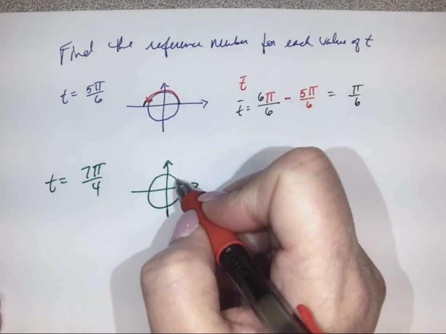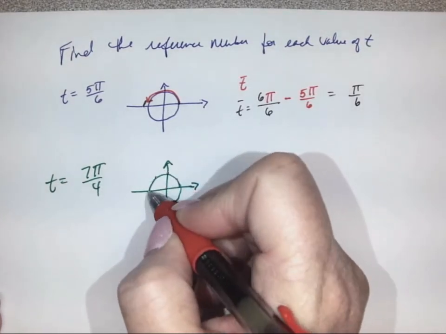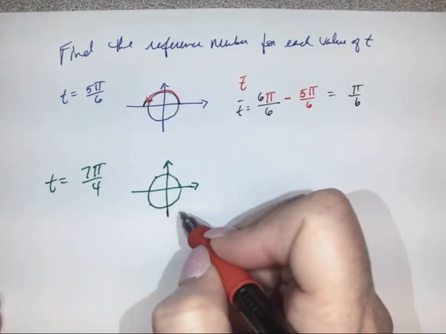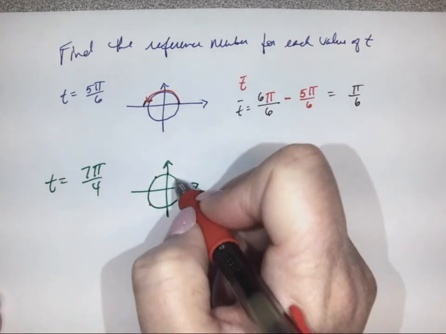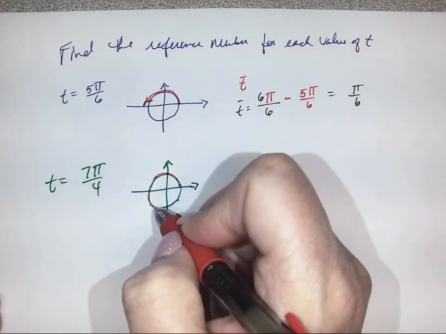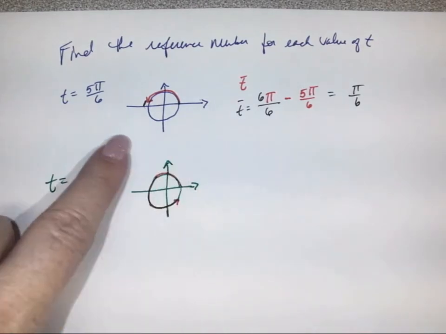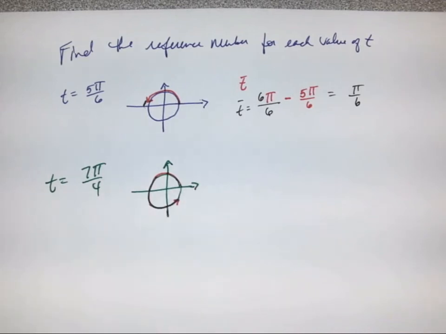So this would be 1 pi over 4, 2 pi over 4, 3 pi over 4, 4 pi over 4, 5 pi over 4, 6 pi over 4, 7 pi over 4 is almost all the way around. So it's going to land us right there. 7 pi over 4. You can also look at all the way around. Remember, it's 2 pi, so if you get a common denominator, it would be 8 pi over 4, which is what we need to know.